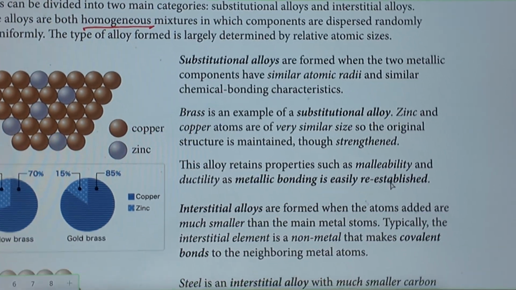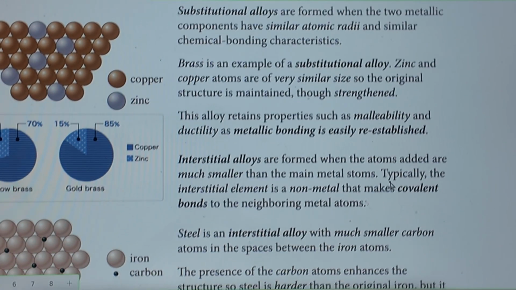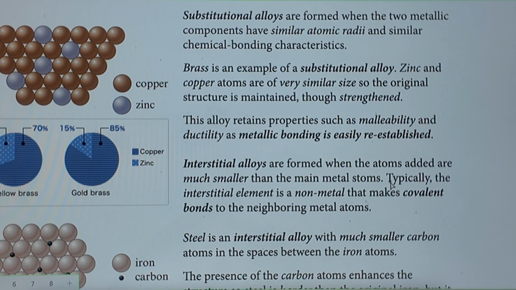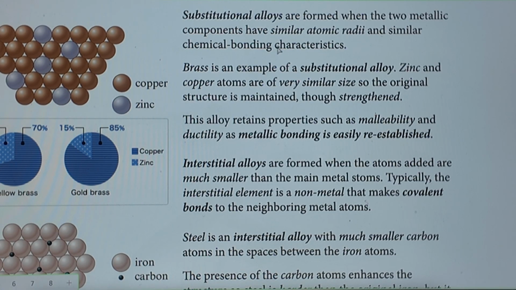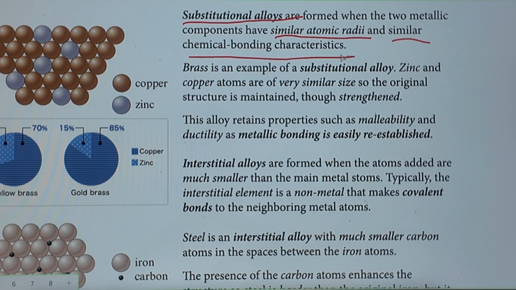So here we see the difference between the substitutional alloys and the interstitial alloys. Substitutional alloys are formed when two metallic components have similar atomic radii. So for it to be substitutional, there have to be similar atomic radii, and thus they'll have similar chemical bonding characteristics.